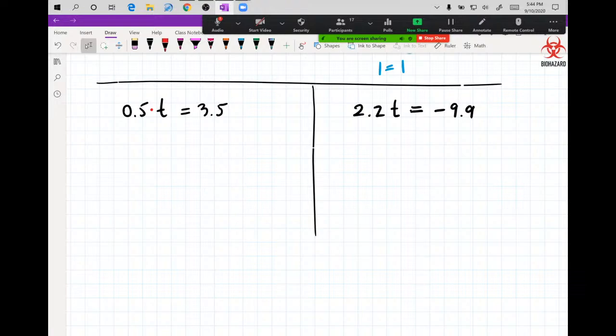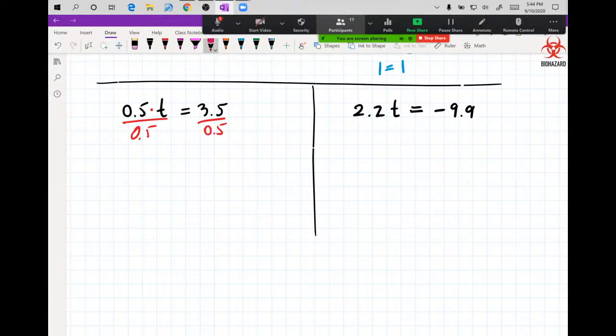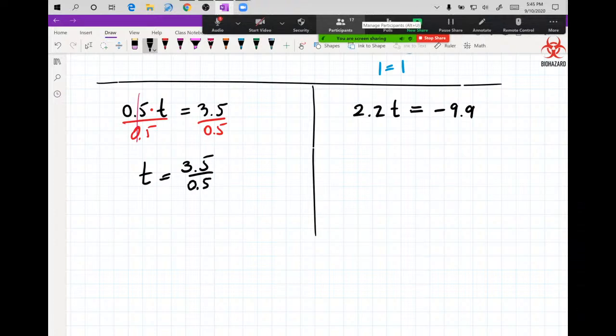Divide both sides by 0.5, and when it cancels on the left, we have t equals 3.5 divided by 0.5. We're not cooled off yet, so it's still having issues.